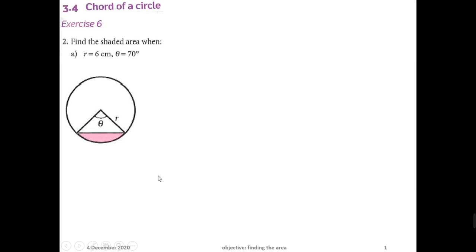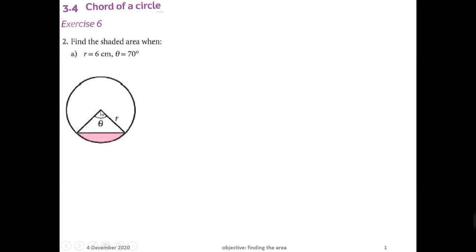If you look closely at the drawing, you can see that there is a sector, and this sector is made of an isosceles triangle and a segment. So if we find the area of the sector and the area of the isosceles triangle, we can subtract them to find the area of the segment.